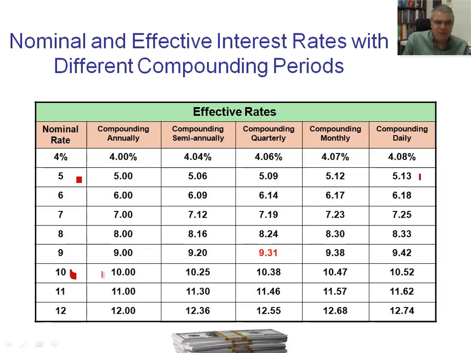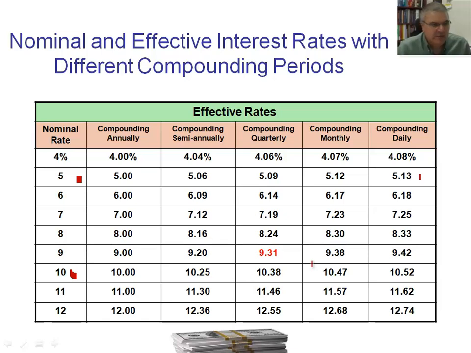Let's take a look at the 10%. If it's compounded annually, it's 10%. If it's compounding semi-annually, it's 10.25%. If it's compounding quarterly, it's 10.38%. Compounding monthly is 10.47%, and compounding daily is 10.52%.